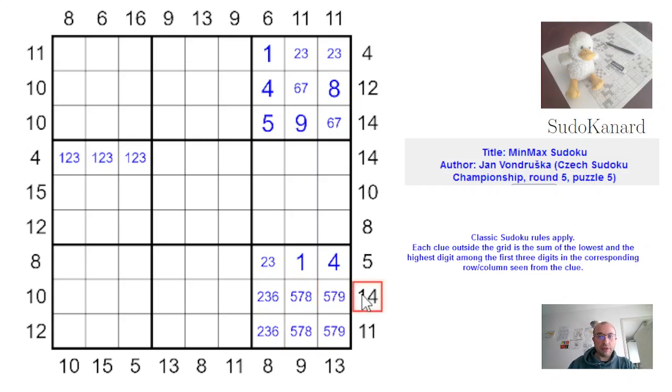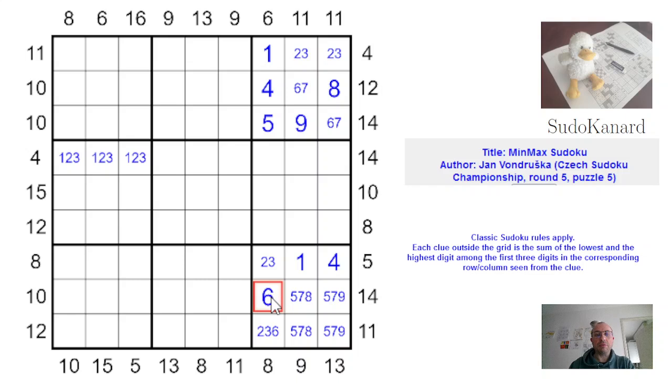And the interesting point is, one of them here will be 6. But 6 can't be on this row. If I try to put 6 here, I can't have the smallest and the biggest sum to 11.